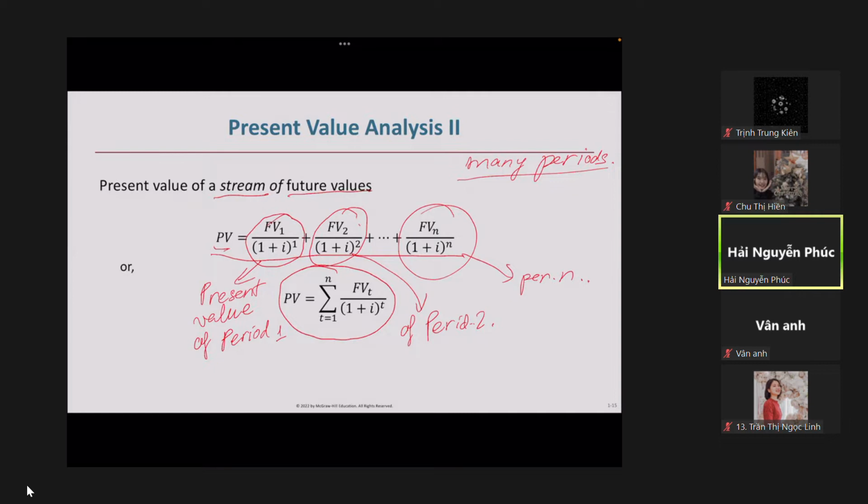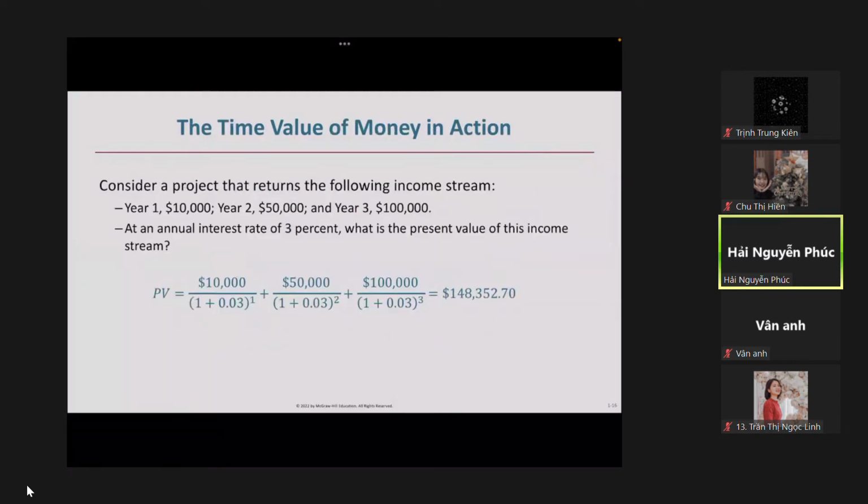Okay. Now let's move next. Here's our example, a pretty simple one. We have a project that gives you returns according to the following income stream. We have 3 years, 1, 2, 3. In the first year, it gives you $10,000 of return, right? In the second year, it gives you 15. In the third year, it gives you 100. Suppose the annual interest rate is 3%.